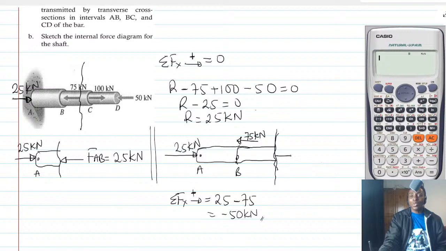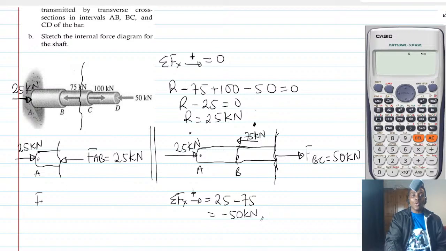So that force must come here. So it means that FBC is 50 kilonewton. You can clearly see that if I have 75 in one direction, and 25 and 50 in the opposite direction, then they will add up to 75, which will make it 0.